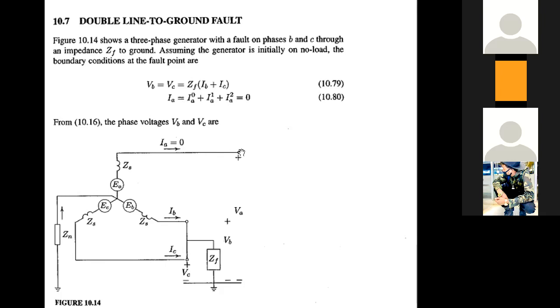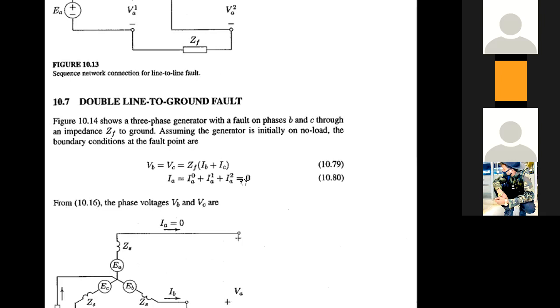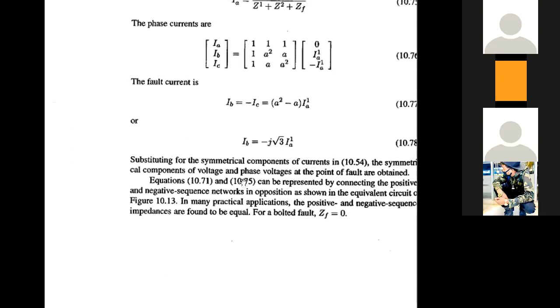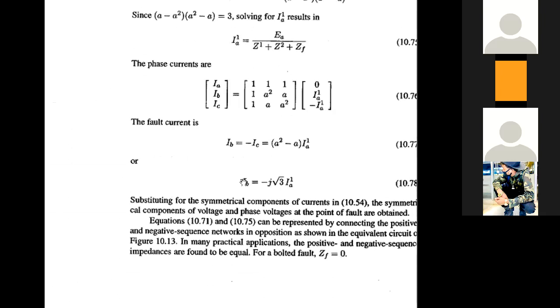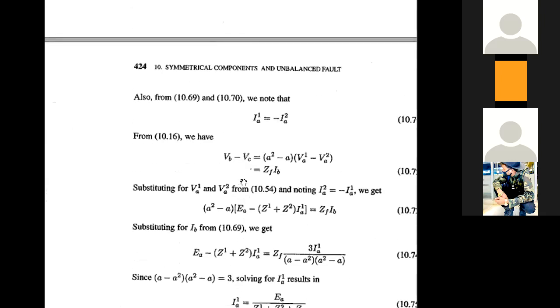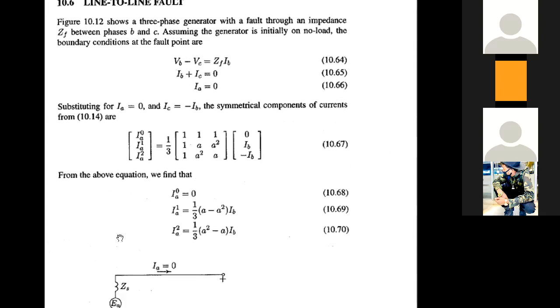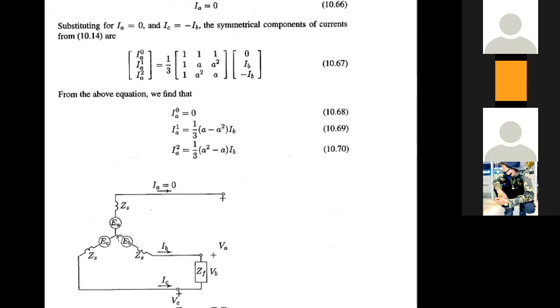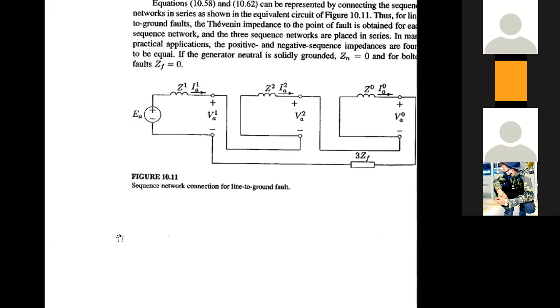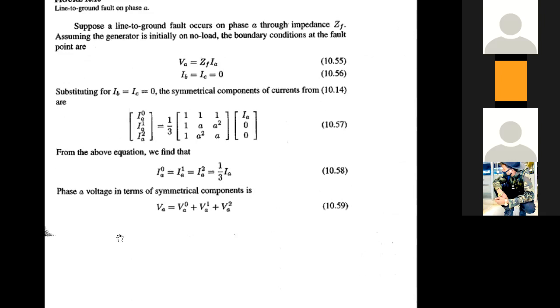Likewise in the double line fault case, IA will be 0. What you have to do is use IA first in terms of ABC as the first step. Then you can generate 0, 1, 2 from that IABC. And after that IABC determination in terms of 0, 1, 2, you have to put that information for voltage.